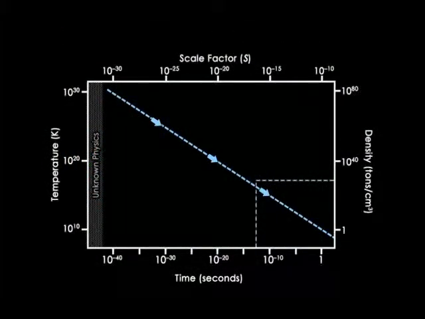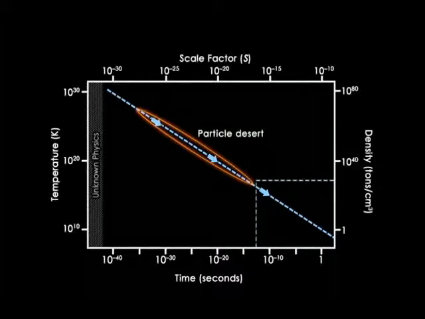Now, if the Standard Model is the whole story, then not much happens to the left of that rectangle. Across 20 powers of 10 in time, it gets 10 powers of 10 hotter and 40 powers of 10 more dense. That's an enormous tract of time. As much in an exponential sense as from a millisecond to 10 billion years.